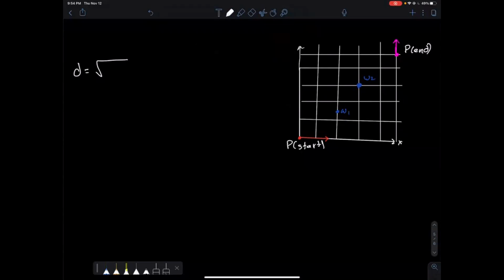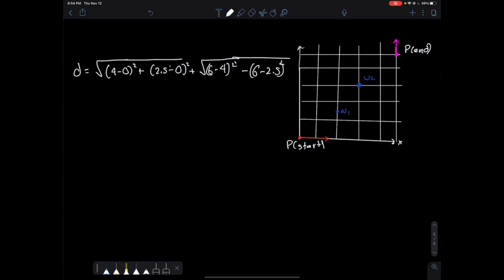That is the square root of 4 minus 0 squared, the x part, plus 2.5 minus 0 squared, the y part, plus the same again: the square root of W2 minus W1, which is 6 minus 4 squared plus 6 minus 2.5 squared, plus the square root of the end minus W2, which is 10 minus 6 squared plus 10 minus 6 squared.